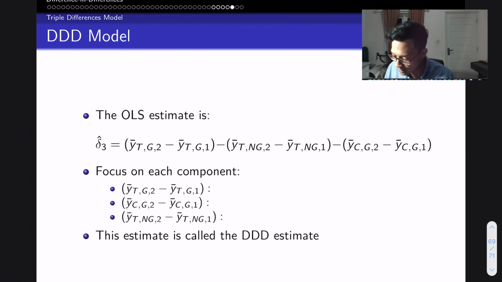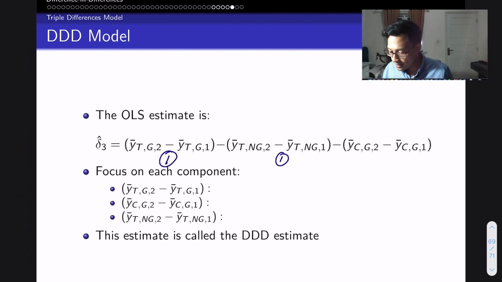And the second one is the difference across time for the comparison group within the treated local government. So again, you're going back to that local government. You have the poor subpopulation, and you have the non-poor subpopulation. Okay, so that's one DID.